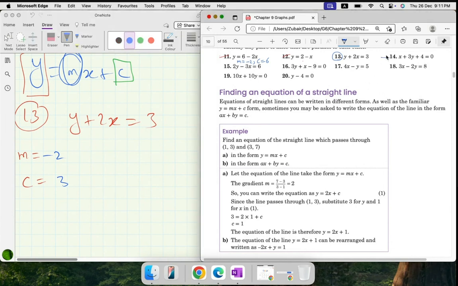Okay, try number 14. M will be 1 and c will be 4.